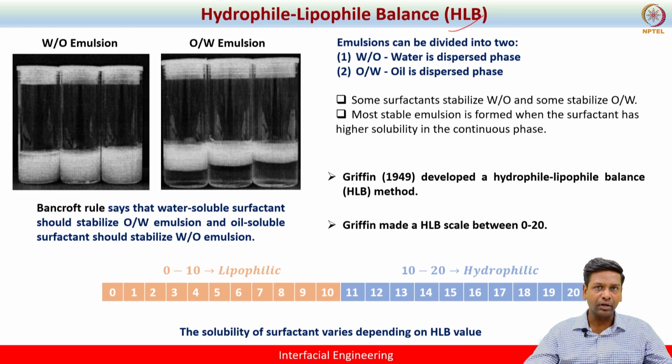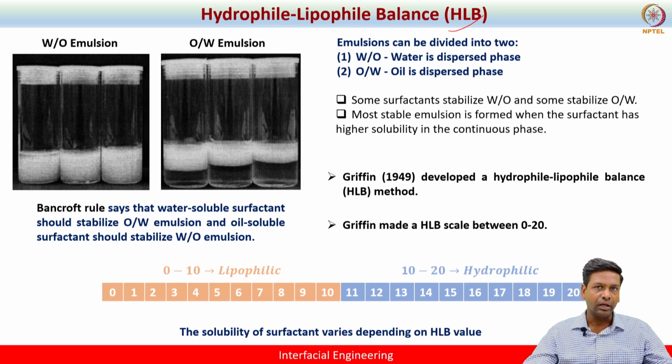Alternatively, sometimes you might deal with a surfactant which is more hydrophilic in nature. In such a case, you can expect that they will stabilize oil in water emulsion. So in these cases, the continuous phase will be the one in which the emulsifier is most soluble.